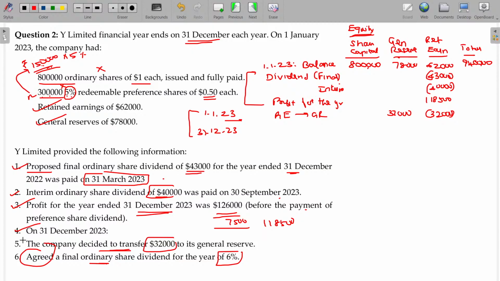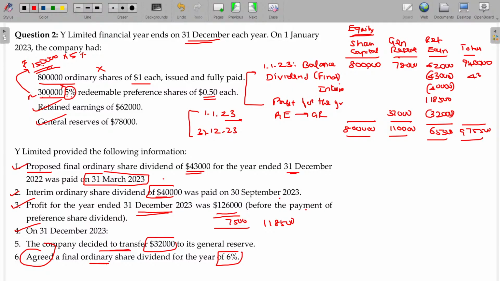Okay, now finish up, tally the totals. So 8 lakhs. This will be 1,10,000. This will be 65,500. Total value being 9,75,500.